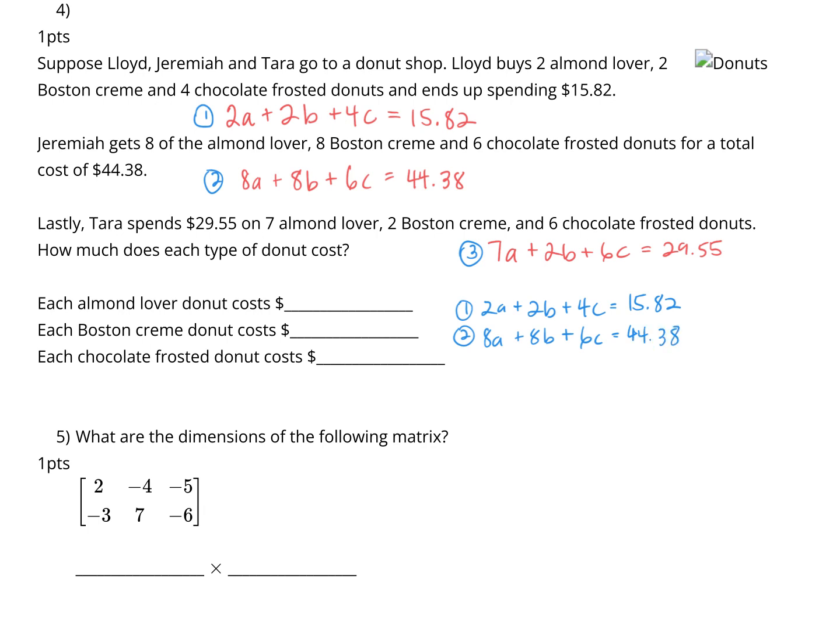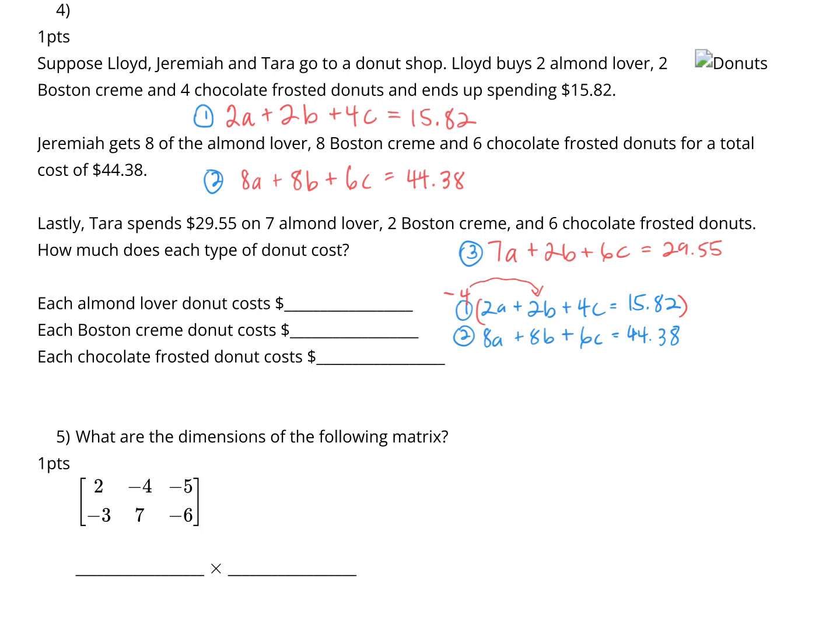Okay, so what I'm going to do here is I'm going to try to eliminate the b variable. So if I want to eliminate the b variable, I would need to multiply the top equation by -4, because -4 times 2 is -8, and that will be the opposite of 8 in the bottom equation.